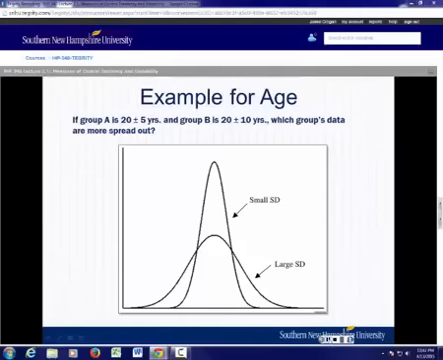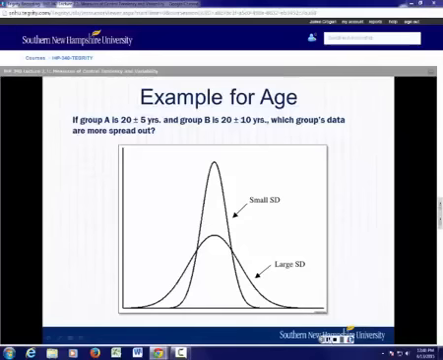So now, it's important to remember that those percentages in terms of the percent of scores that are included in that interval are always going to be the same. For one standard deviation above and below, it's 68. For 2, it's the 95. And for 3, it's the 99. But it will take a wider interval to include the middle 68% of scores when the standard deviation is a bigger number.